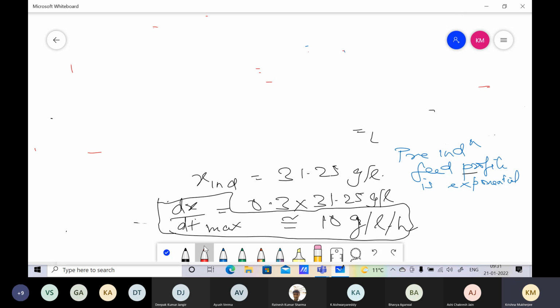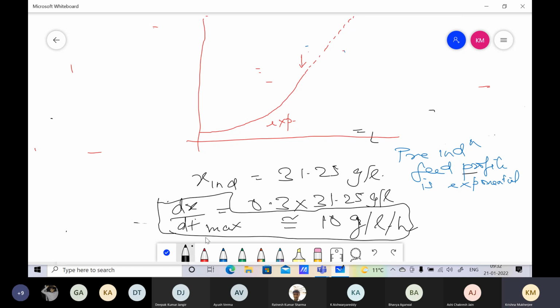So look at this. Pre-induction, this is increasing. Are you getting the point? This is an exponential function, and the slope is increasing. At this point of induction, this becomes constant.